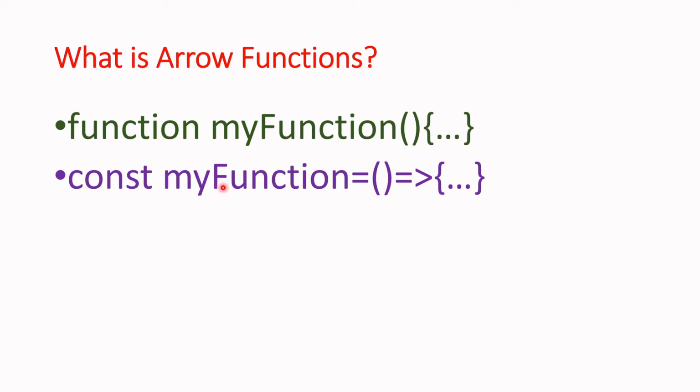The function keyword is replaced with a const, and then you write your function name, then equal to, and after that we use the same parameters. If we have an argument, we will pass the argument, otherwise we write the arrow and follow the same thing that we used previously. This is a very good concept, and we will see the practical now.